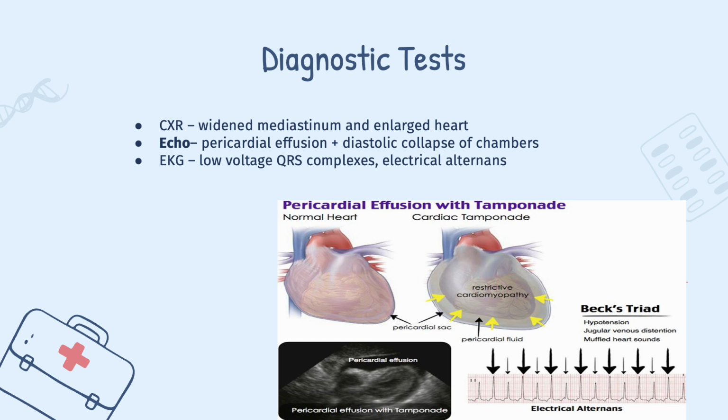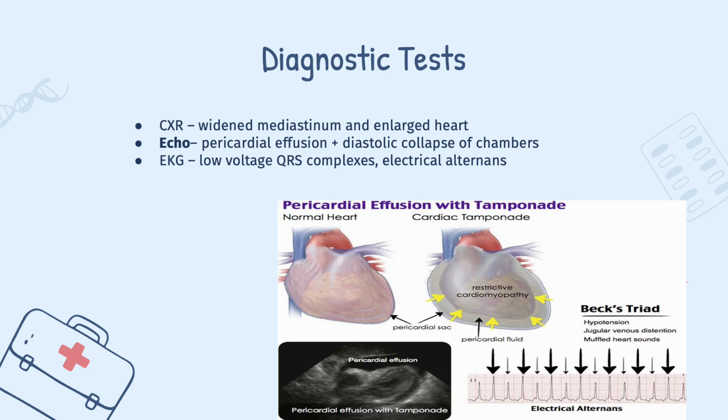And then our diagnostic tests. What are we seeing on chest x-ray? You're going to have a widened mediastinum and an enlarged heart. On echo, you're looking for that pericardial effusion. That's going to be our gold standard there. Diastolic collapse of the chamber, so they're just not able to pump.